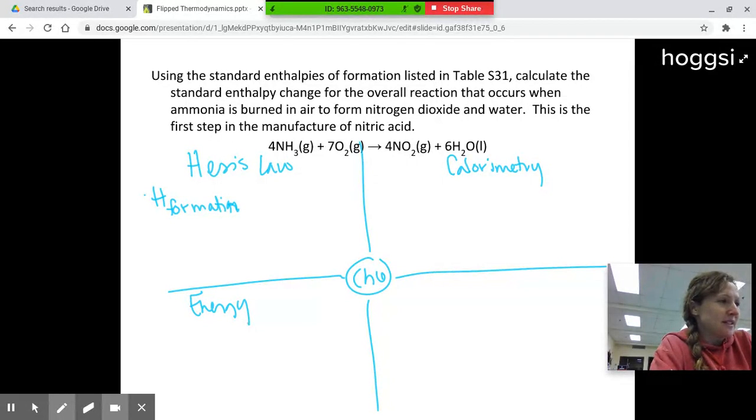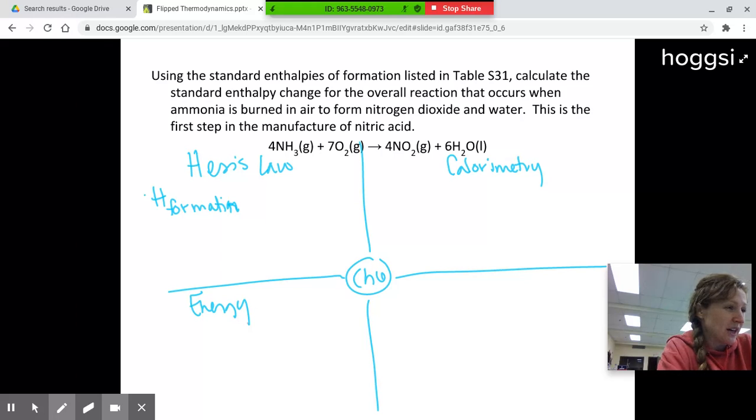We spent the majority of the chapter dealing with energy in one specific form. What was the one specific form of energy this like 75% of this chapter revolved around? So heat under constant pressure.